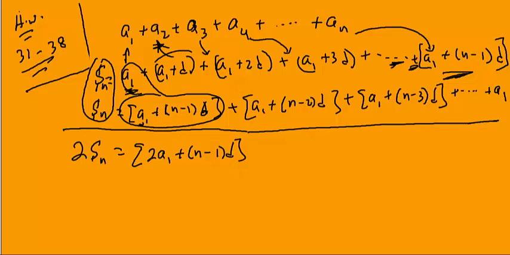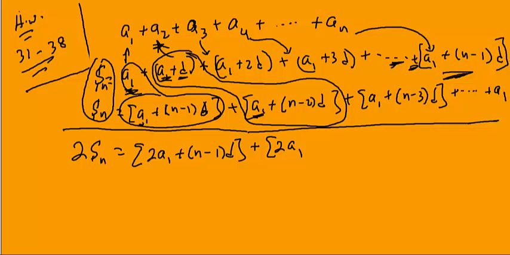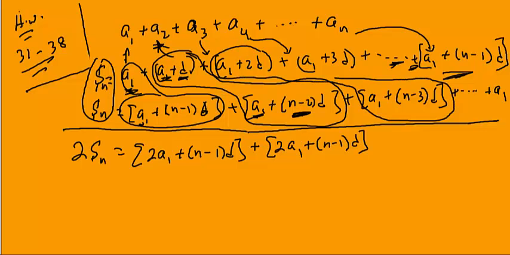And then when I add up this and this, I'm still going to get 2a sub 1, so I'm going to have plus 2a sub 1. But this difference plus n minus 2 will make that into another n minus 1 difference. And then when I add up the third terms, I'm still going to have 2a sub 1, plus 2a sub 1.